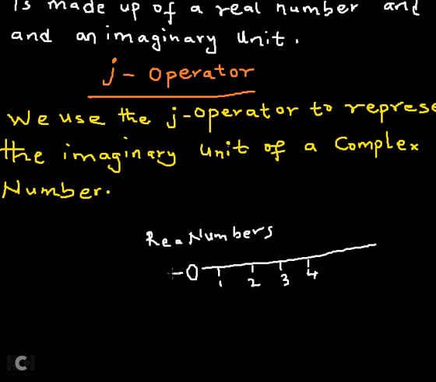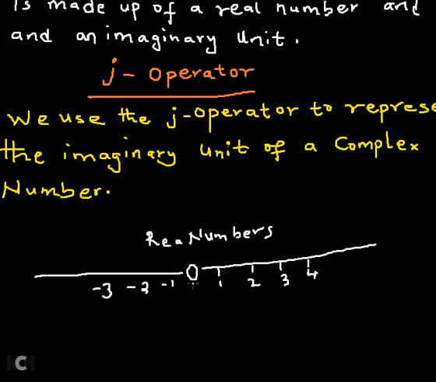Then you have the negative numbers starting from -1. We can use them for counting, and they are all real numbers. We can also use them to express quantity.